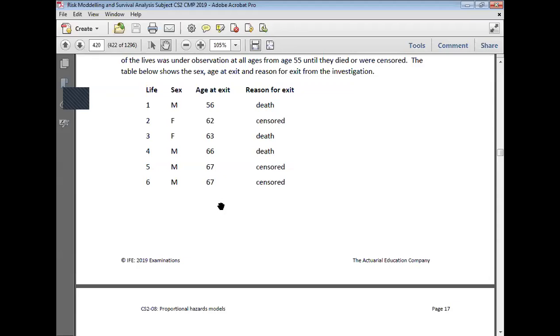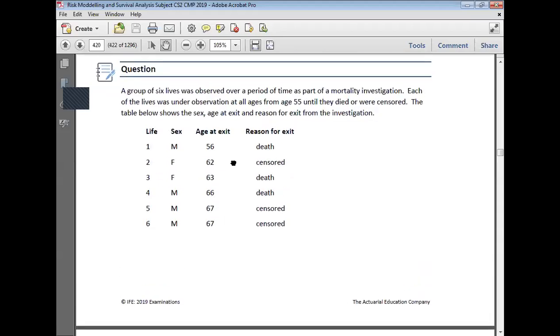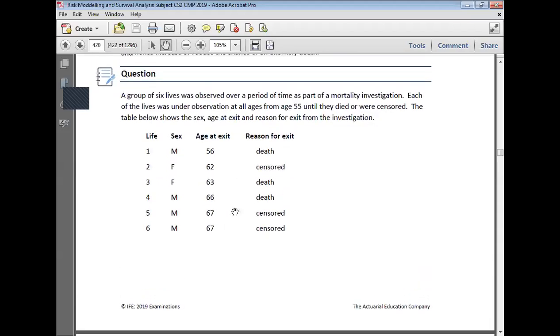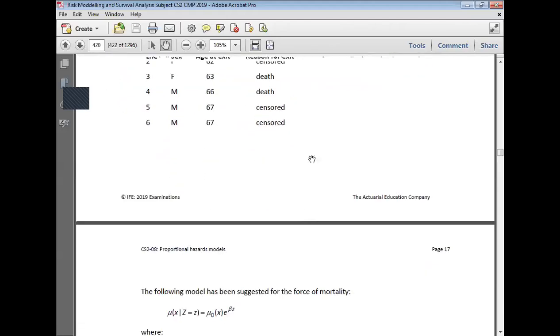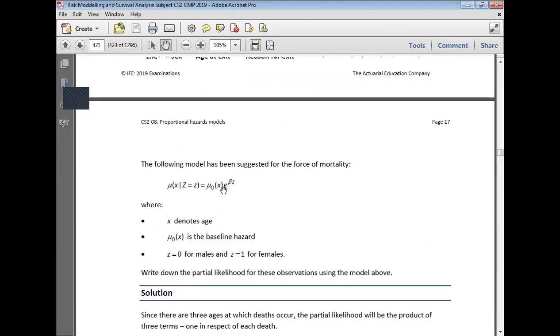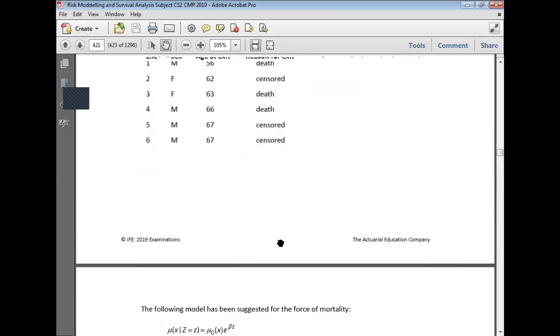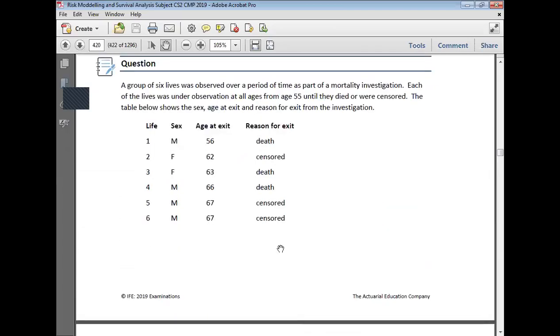And again, for our convenience, the ages at exit are given. It doesn't really matter much, but this will help you in a way to figure out this particular X.